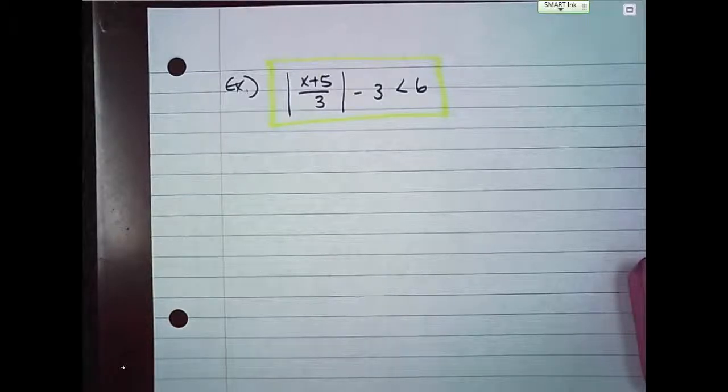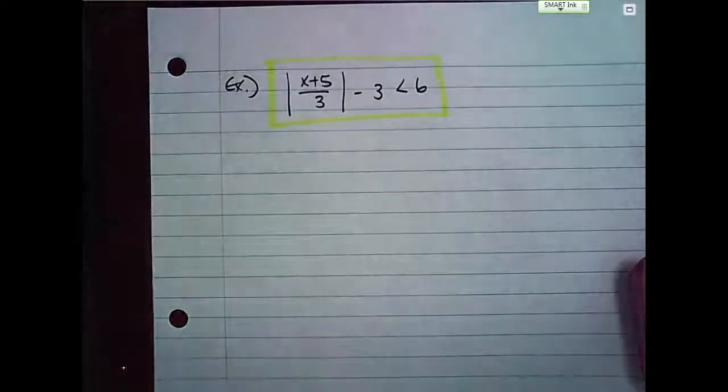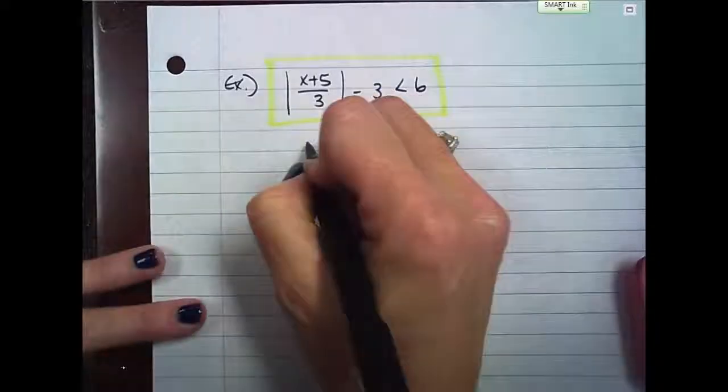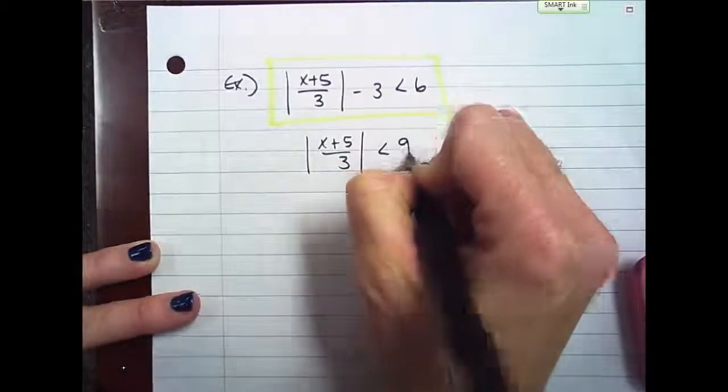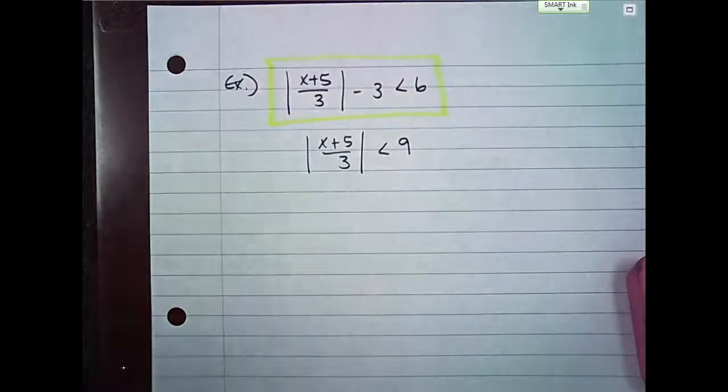This one's a little different than the problem before because that fraction is completely inside the radical. So you're just going to move the 3 over and then turn it into your 2 problems. Now you can decide and or. Less than is and, right?